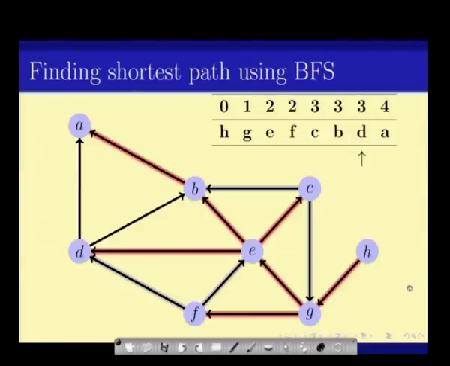So, in other words, this is how one can use BFS to find the shortest path from a vertex to any vertex. The runtime of this algorithm is also very simple. It is again just order V plus E, because it is BFS only.